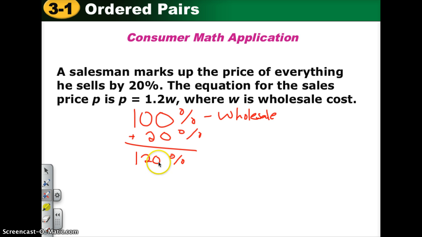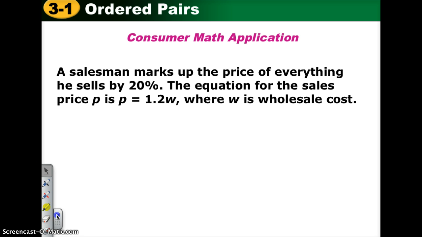So if I want to take 120% of a cost, I need to multiply by 1.2. That's dividing 120% by 100, using the decimal times the wholesale cost. That will give me the 100% that I paid for it and the 20% more that I'm charging.